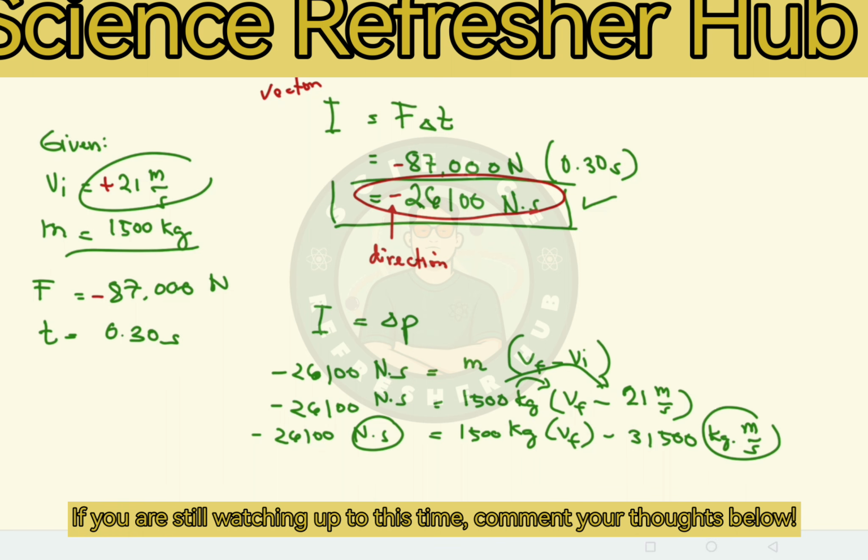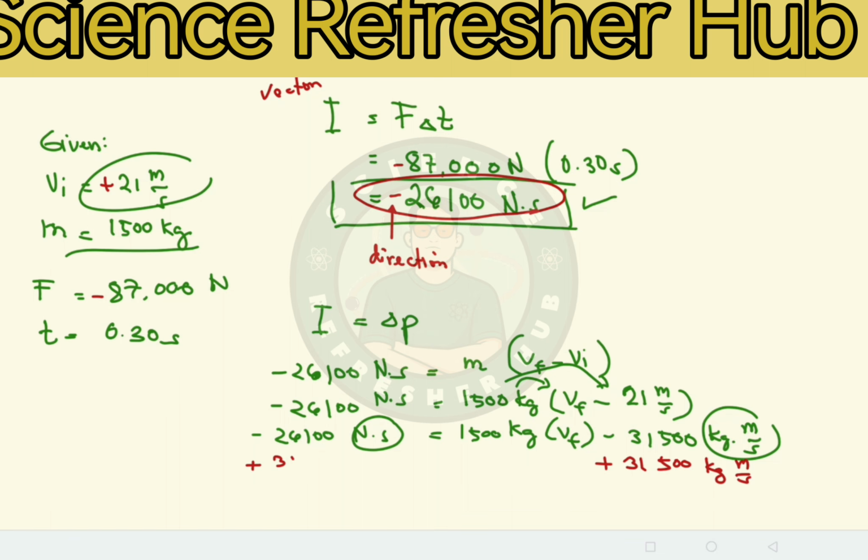Then these two units are the same. So all we have to do is to add 31,500 kilogram meter per second, and then we will add it to both sides as well to cancel this term, or like saying transpose to the other side. Okay, and yeah, let's simplify.